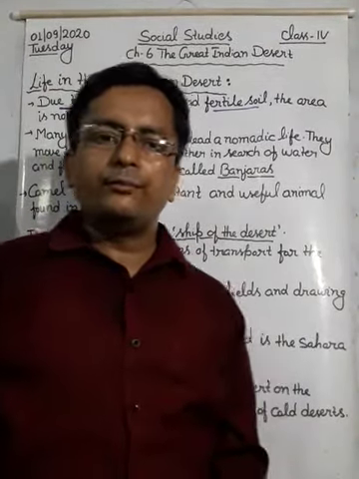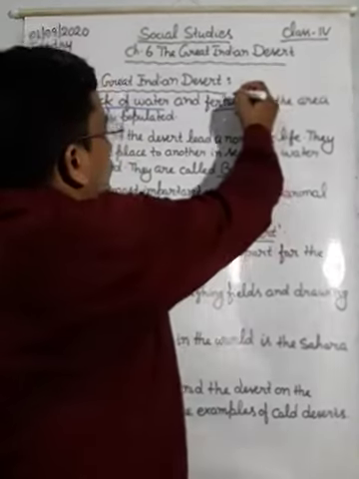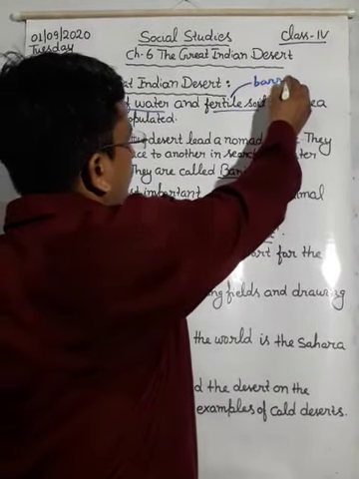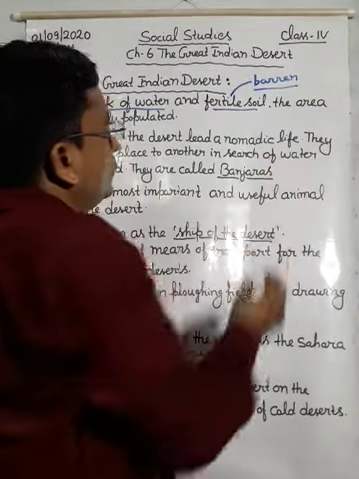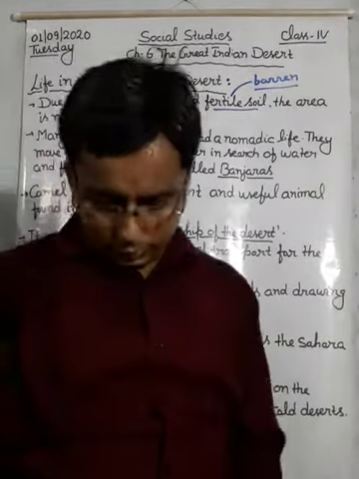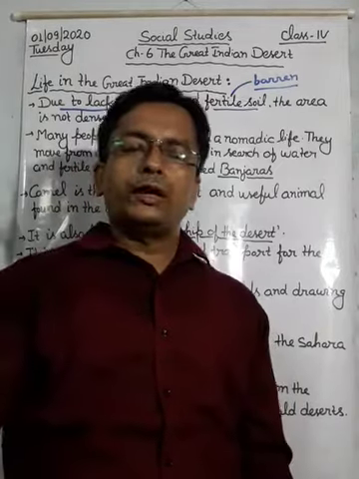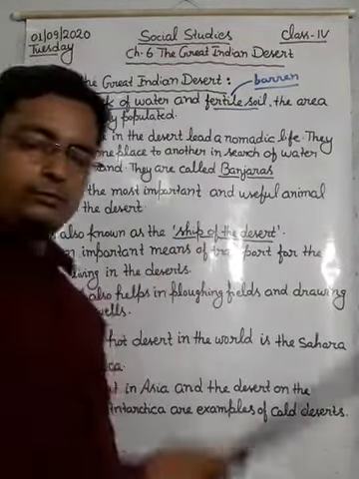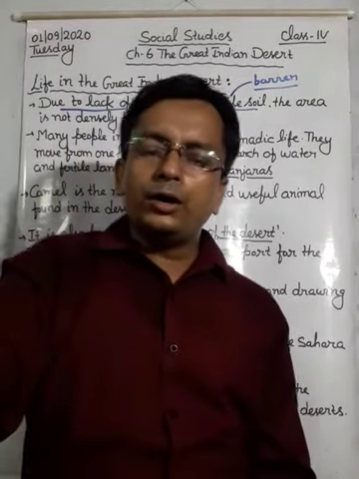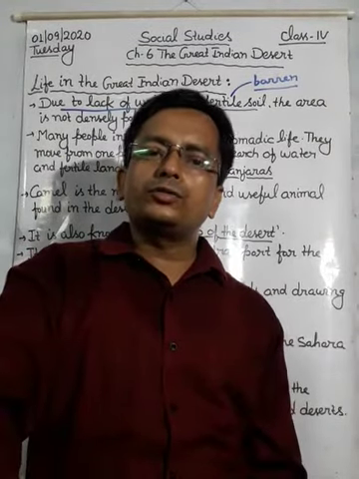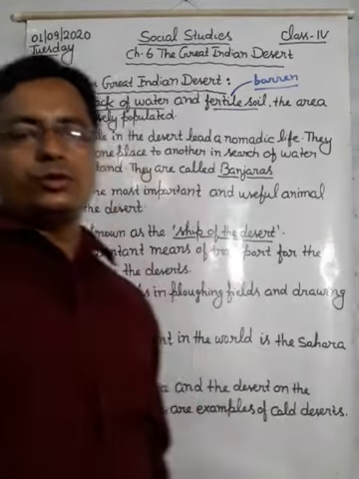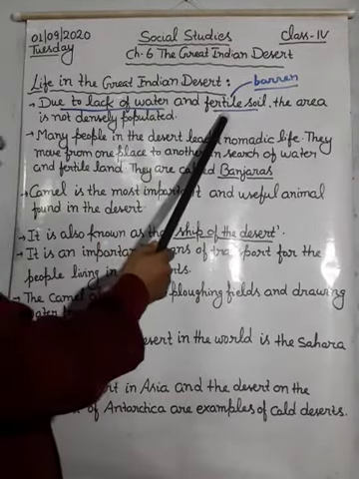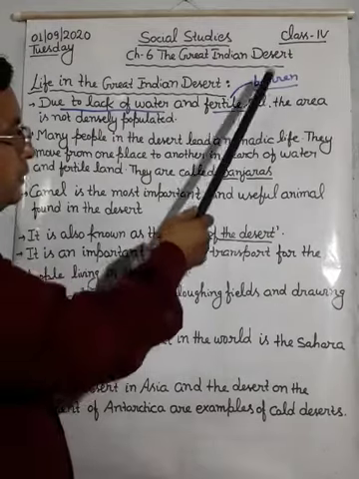You can say barren land. The opposite of fertile is barren. Fertile means land on which we can grow crops, and barren land is land on which we cannot grow any crop. So due to lack of water, the soil became barren.